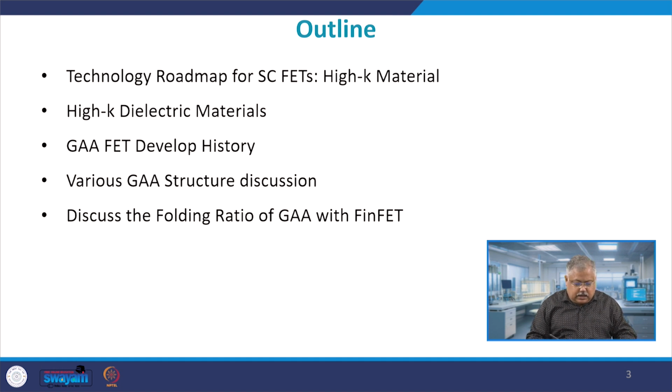Now, typically when you look at dielectric, the scaling of silicon dioxide, you do a scaling of silicon dioxide, right? Because when you are scaling a device, the oxide thickness also scales down, because you want the electric fields in the transverse direction to be also scaled down.